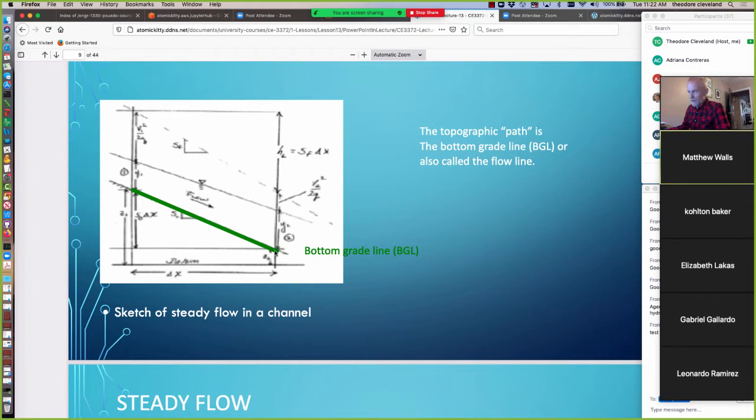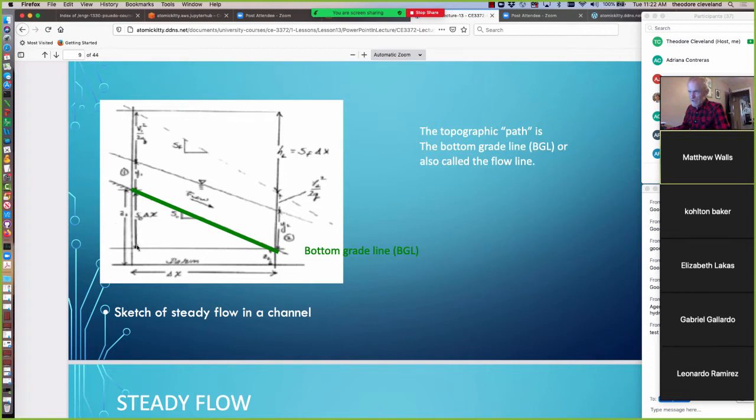If we go to position 2 and examine what the elevation is at the bottom, it's at Z2, and at position 1, it's at elevation Z1, and so the difference between Z1 and Z2 is this distance right here, where the cursor is moving up and down.